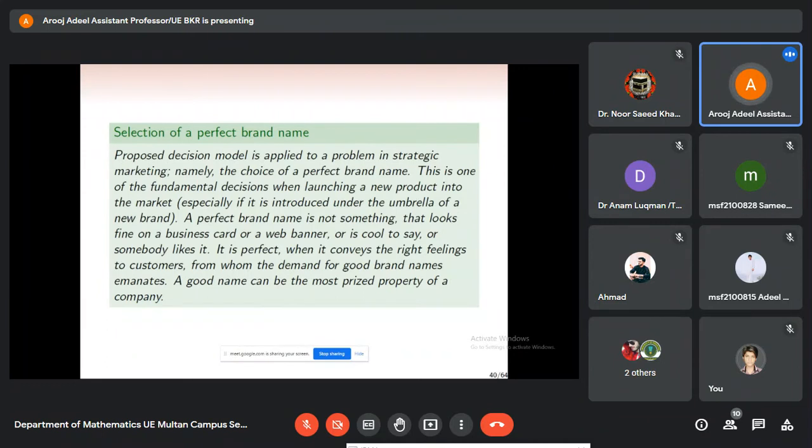A perfect brand name is not something that looks fine on a business card or a web banner, or is cool to say, or if somebody likes it. It is perfect when it conveys the right feelings to the customer from whom the demand for a good brand name emanates. A good name can be the most prized property of a company.